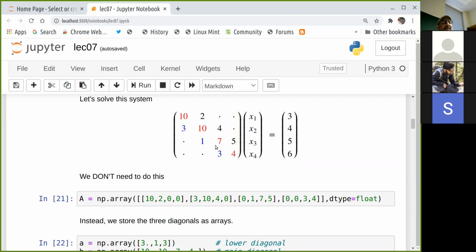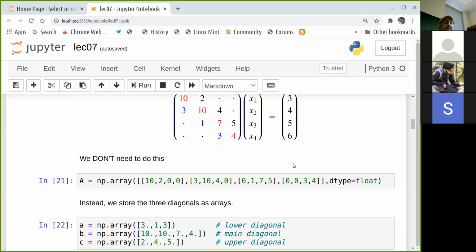But I'm going to use this capital A matrix on the left-hand side just to check my result later. This isn't required by the code. And if you find yourself writing code where you're storing a lot of zeros, then look for a specialized solver to do your problem.